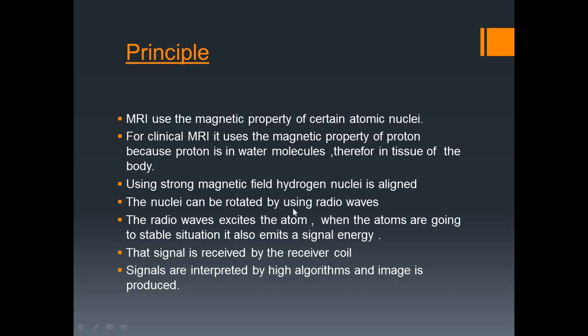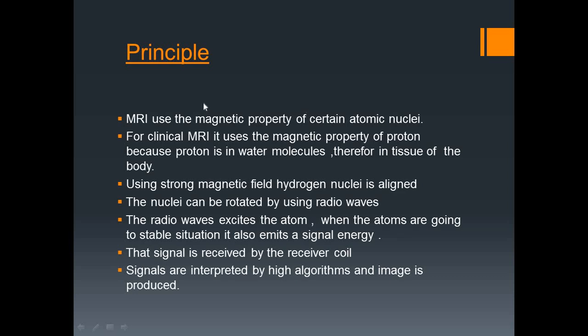The nuclei can be rotated by using radio waves. The radio waves excite the atoms. When the atoms return to a stable situation, they emit signal energy. The signal is received by the receiver coil. Signals are interpreted by high algorithms and an image is produced.